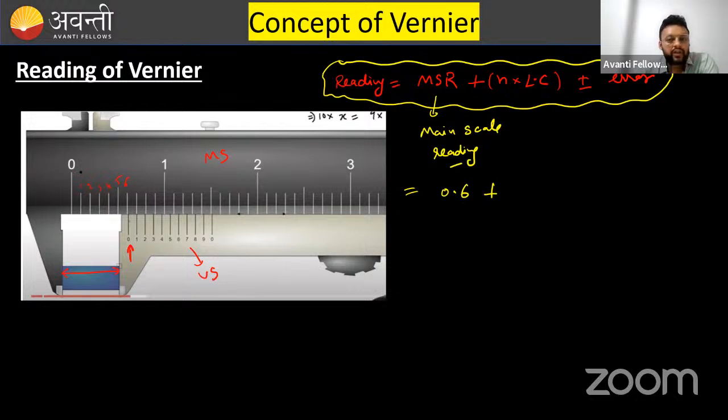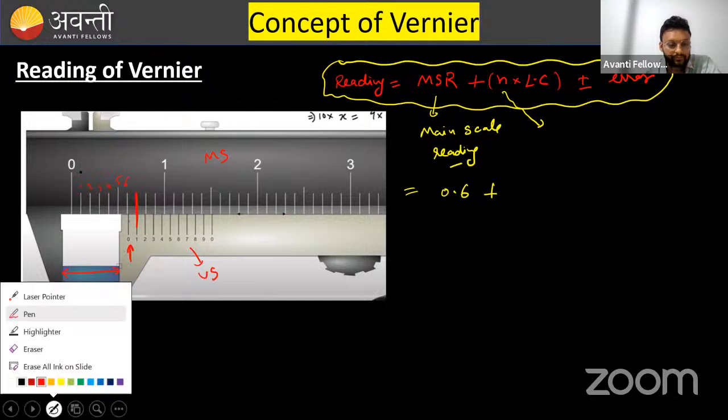Plus now, for those who don't know, what is n? n is the mark which is coinciding in both. Repeating again, n is the mark which is coinciding with the main scale. In this particular diagram, this one is coinciding with the main scale reading. If it is coinciding, n is 1.